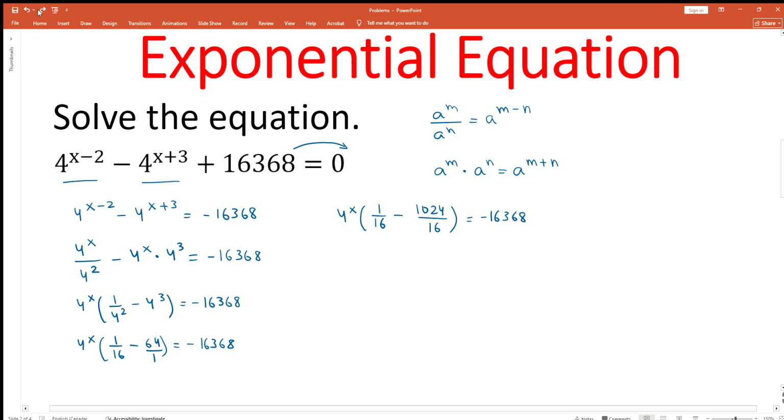Now these fractions have the same denominator. We can combine them into a single fraction. One minus 1024 is equal to negative 1023 over 16.